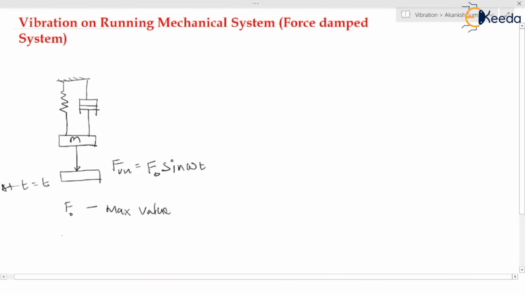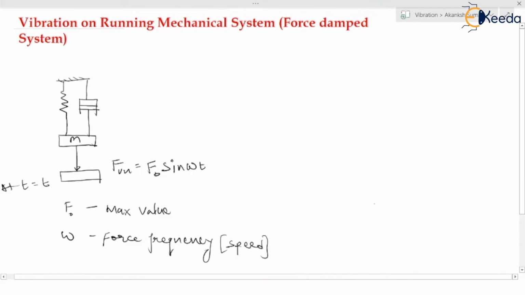Now, omega is what? Here, omega represents the speed or force frequency.